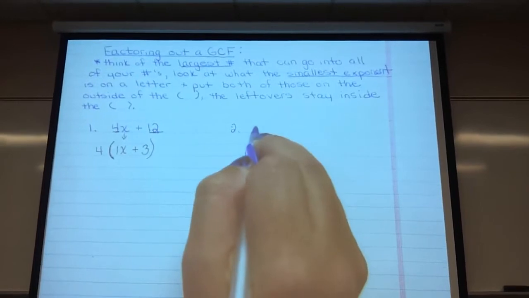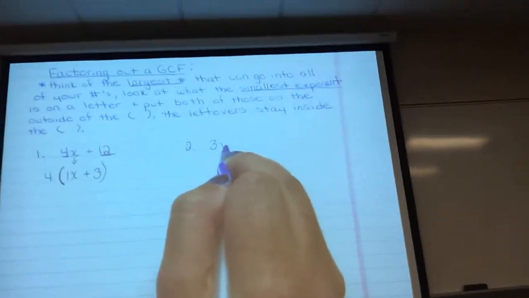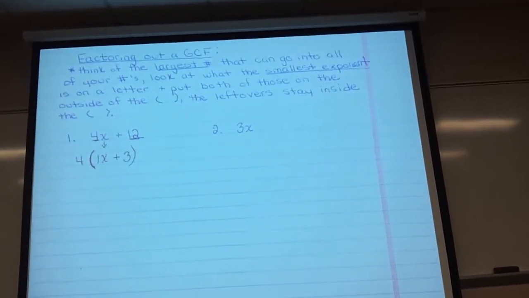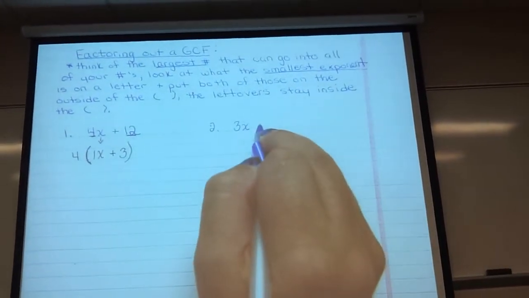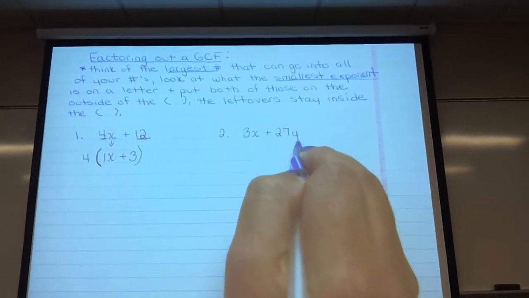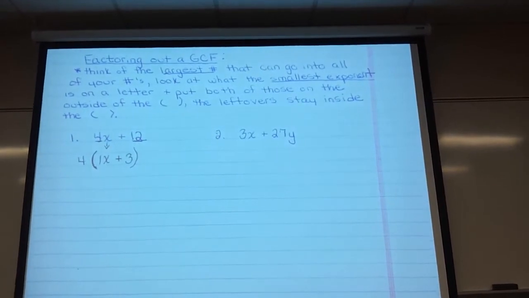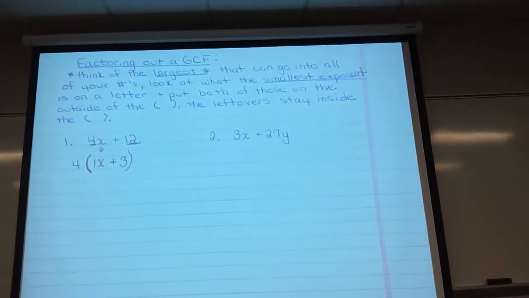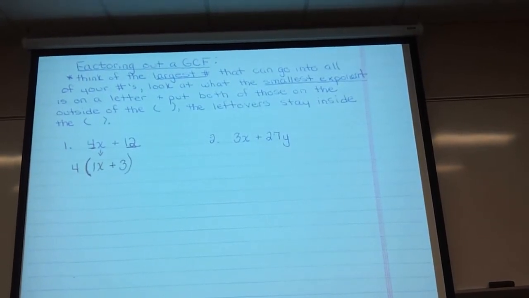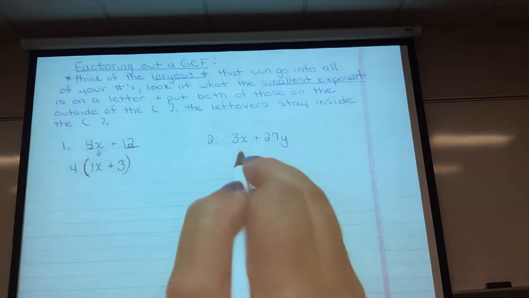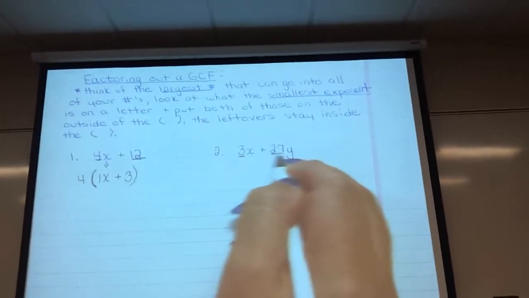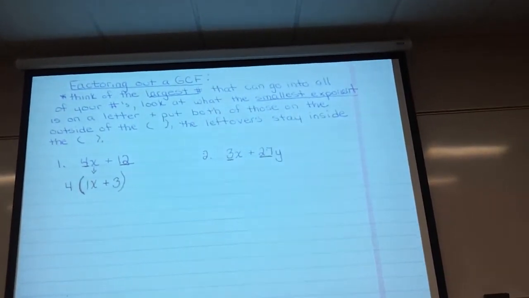Try another one. So would you solve for x? Is there an equal sign? You only solve if there's an equal sign. Eventually we will get to that, but not yet. 3x plus 27y. So let's look there. We don't have a common letter, so we don't even have to look at that. But if you look at your 3 and your 27, what is your common number in both? 3.